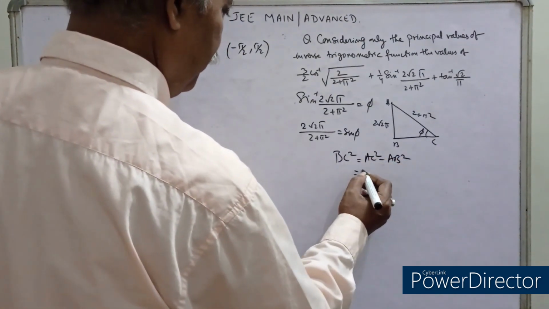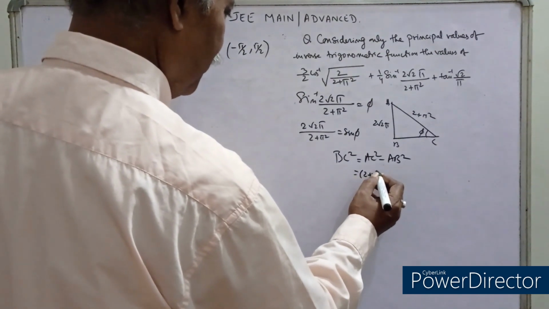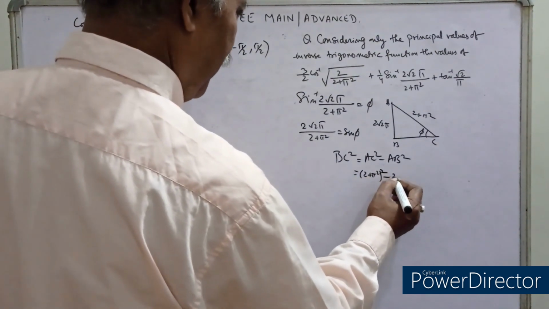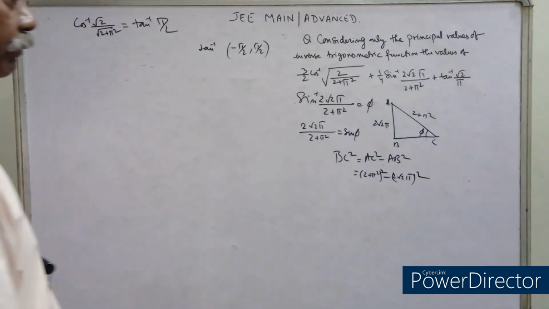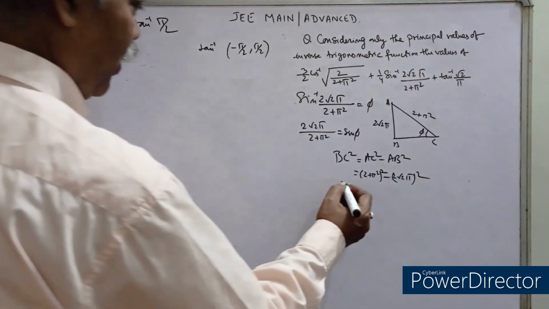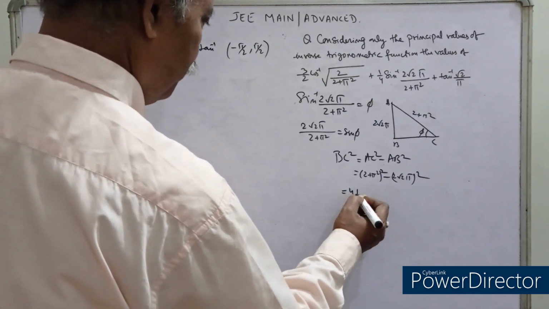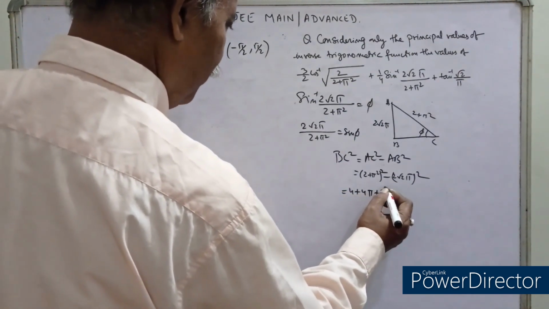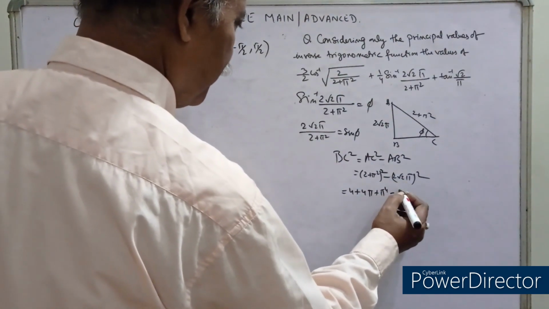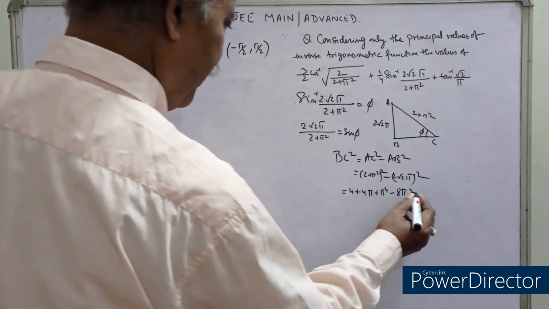So this will be 2 plus pi square the whole square minus 2 root 2 pi the whole square.